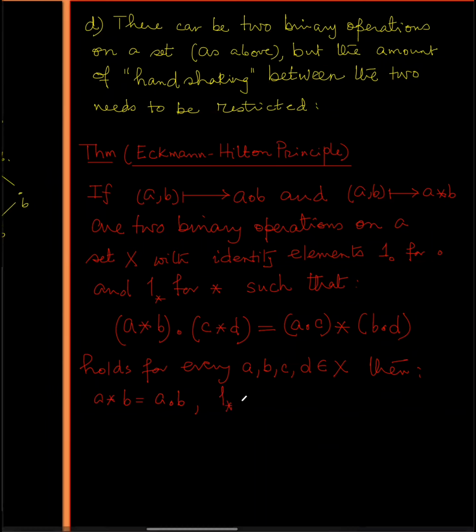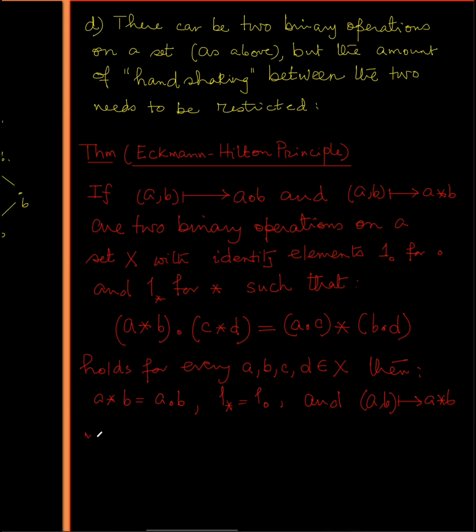The identities, so that means the binary operations are the same, the identities are therefore the same, and it is commutative.